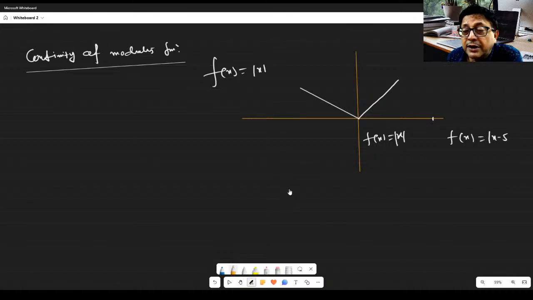You will just take the graph 5 unit away from origin, that is shifting of origin. This graph has a prototype at this point. Only thing is that it is being shifted towards the x-axis by 5 unit. This point is (5, 0). So this is y-axis.